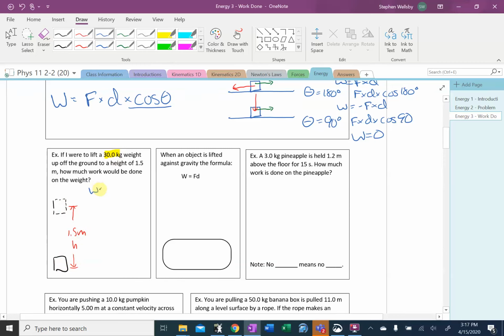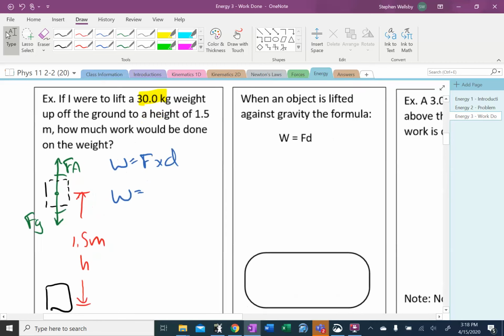Now we know that work done is going to equal force times distance. Well, let's assume for a moment that we're lifting this up at a constant velocity. That would mean that we have the force of gravity going downwards, and we've got the force that we applied here, and if it's a constant velocity, those two will be balanced. So the force that we're applying upwards is going to be equal to the force of gravity, which means it's going to be equal to m times g.